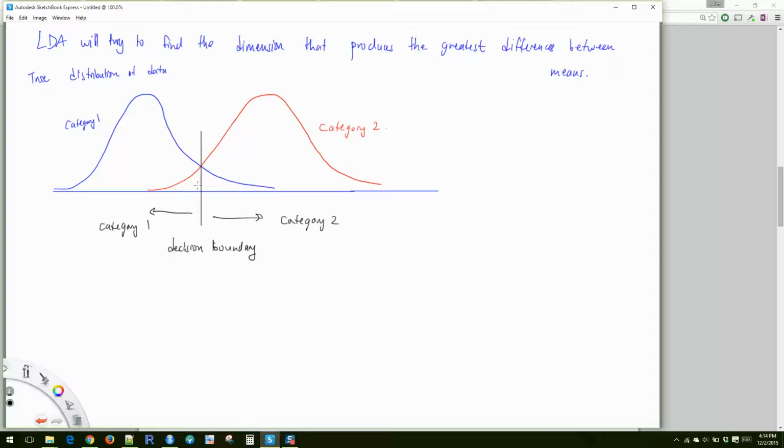When you've got more than one dimension, LDA does similar stuff.